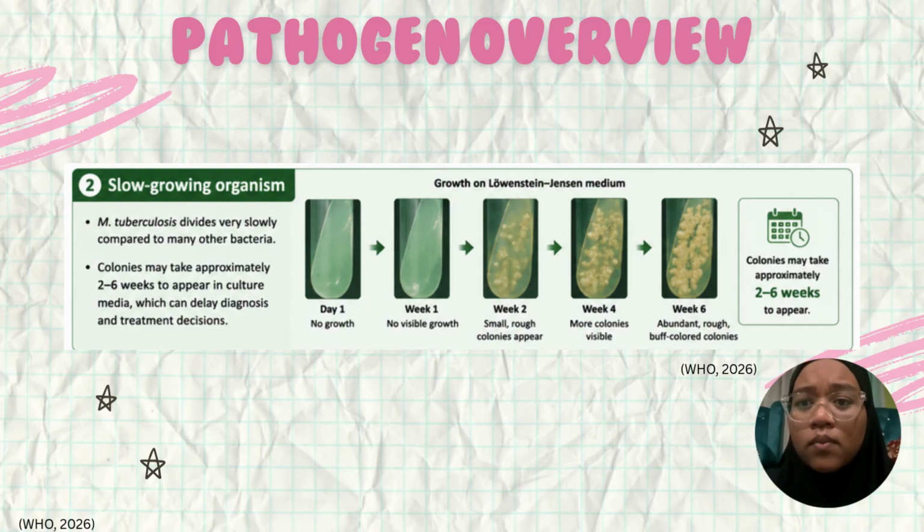This slow metabolic rate also explains why standard TB treatment must be strictly continued for several months to entirely eliminate the pathogen. Additionally, the bacteria can remain dormant and asymptomatic in the body for years, a clinical condition known as latent tuberculosis infection.